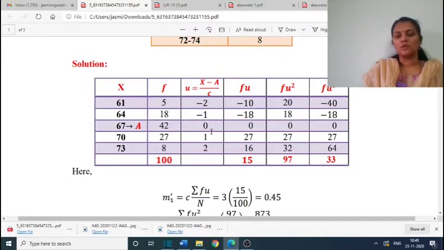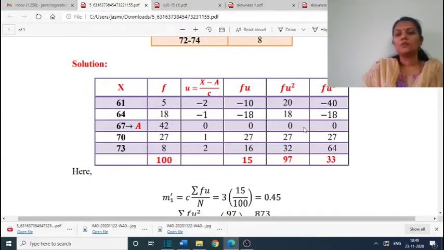So fu is equal to 5 into minus 2, minus 10, 18 into minus 1, minus 18, 42 into 0, 0, 27 into 1, 27, 8 into 2, 16. Now fu square, fu into u, minus 10 into minus 2, 20, minus 18 into minus 1, 18, 0 into 0, 0, 1 into 27, 27, 2 into 16, 32.